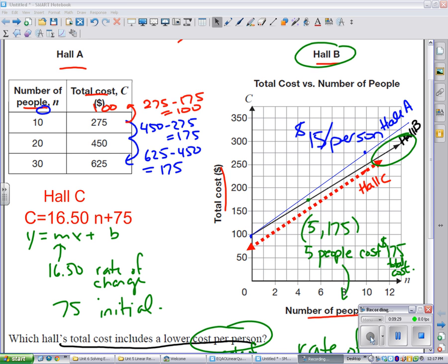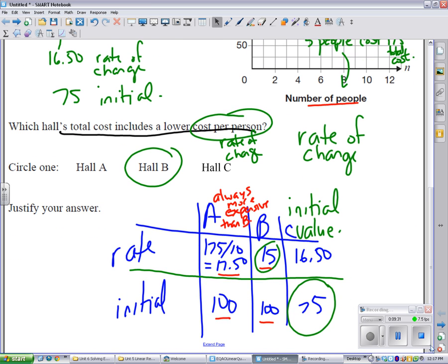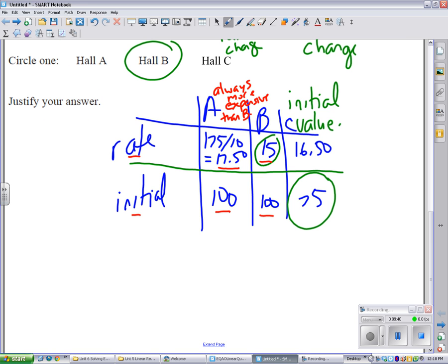A final thing that we can calculate now that we actually know the rate of change and the initial value for each of these relationships is the equation. So we have the equation for Hall C already. Hall C equation is C equals 16.50n plus 75.